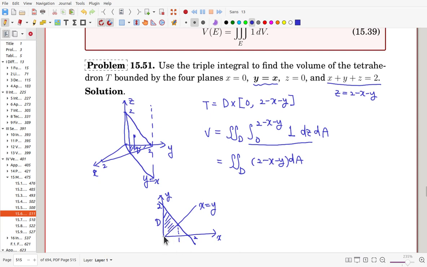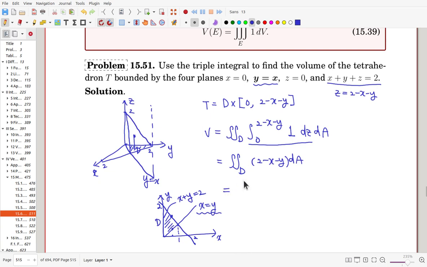So you can access this region D. First, x is from 0 to 1, and for each x, this is bottom y, there's top y. Bottom y is x, and top y is that one. The equation of that one is this one. That is the same as x plus y equals 2, right? So the bottom y is x, top y is 2 minus x.